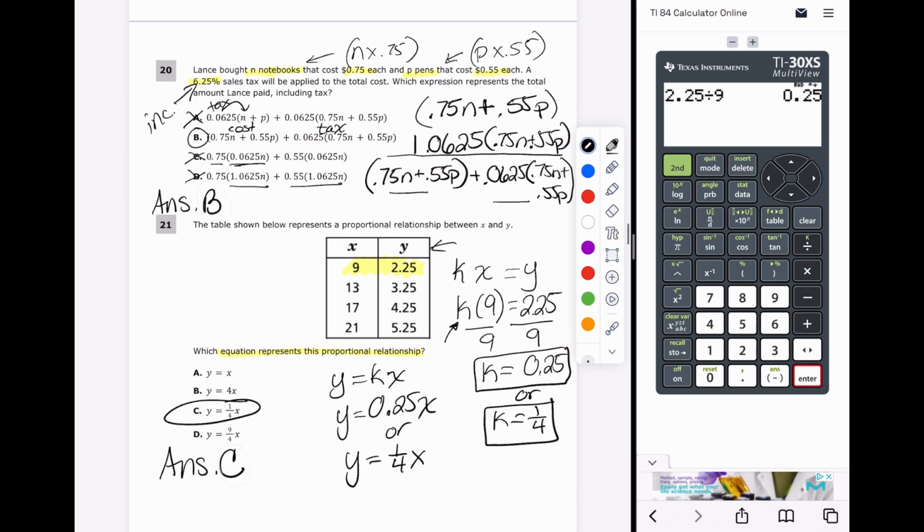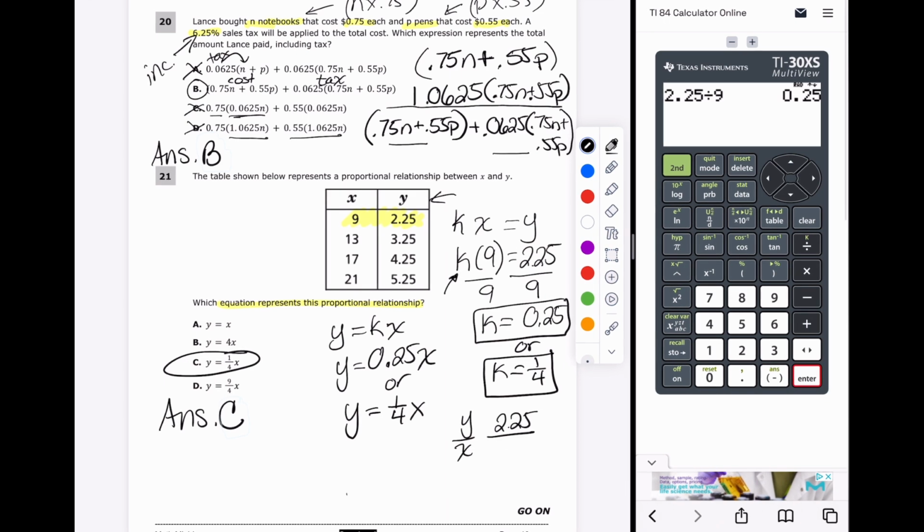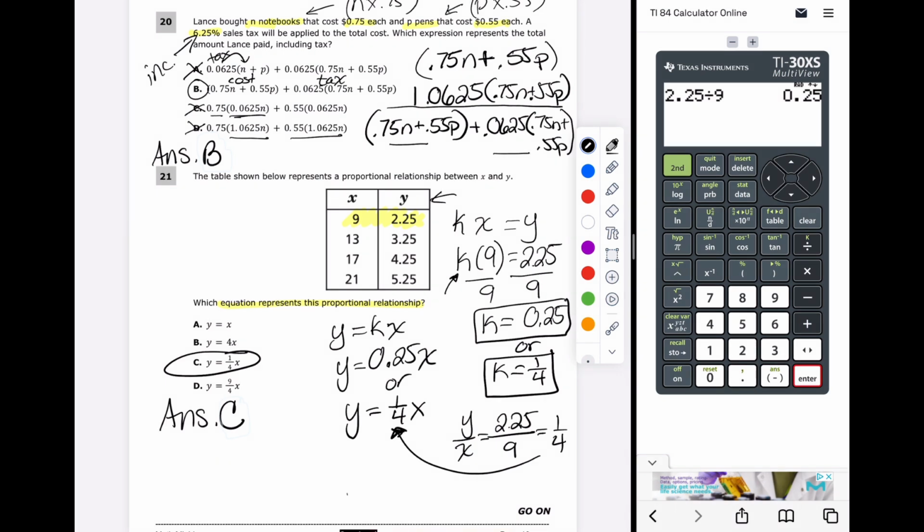But you know, I like giving you other ways that can also be simplified. So what you could have also done is taken your y and x and just figured out the rate. 2.25 over 9 would still have given you 0.25 or 1/4. And then you could have just used that to plug into the equation.